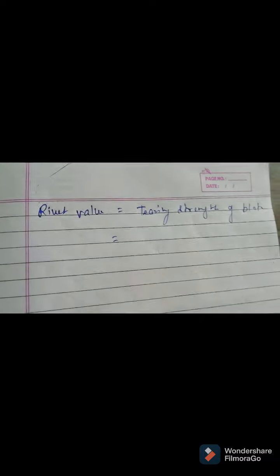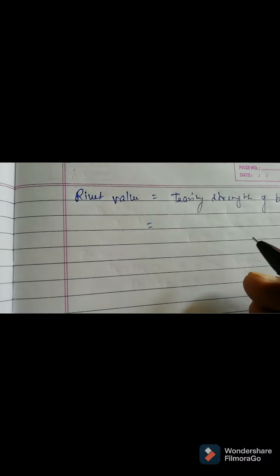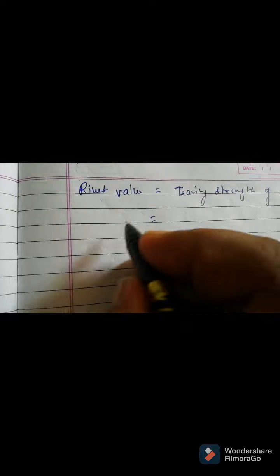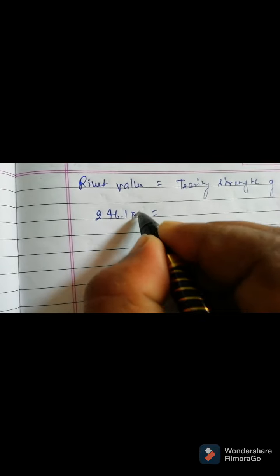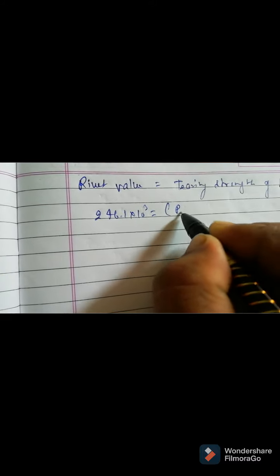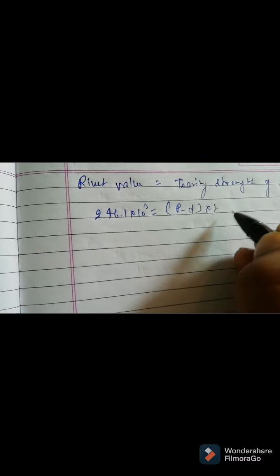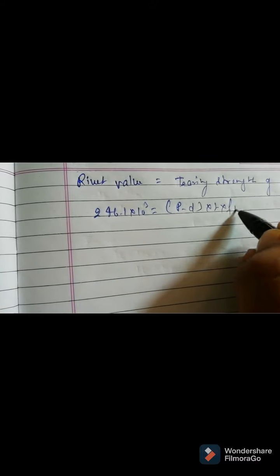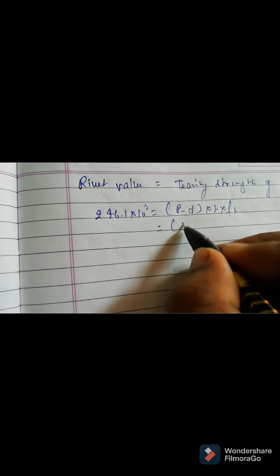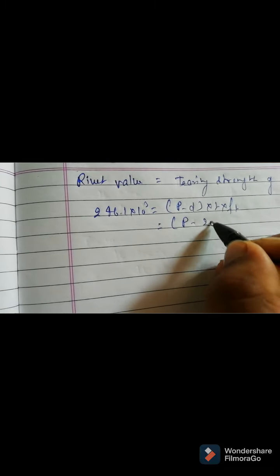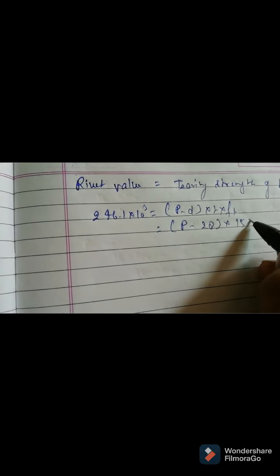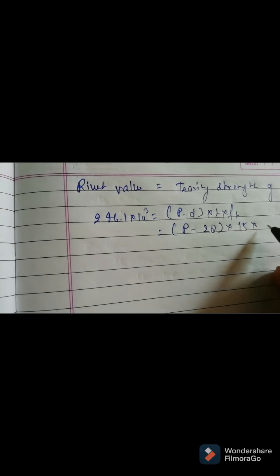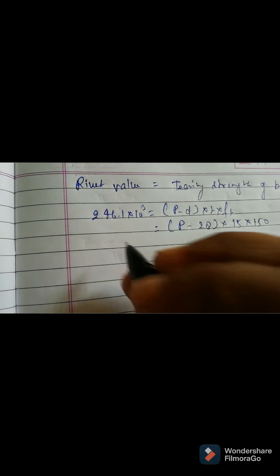So now rivet value, that is 246.1 into 10 power 3, equals P minus D into T into Ft. P you have to determine, D is given, that is 28, T is the thickness of thinner plate, that is 15, into Ft, that is 150.